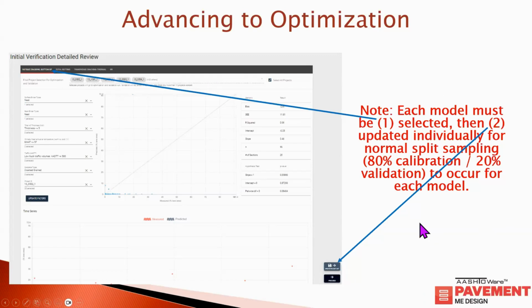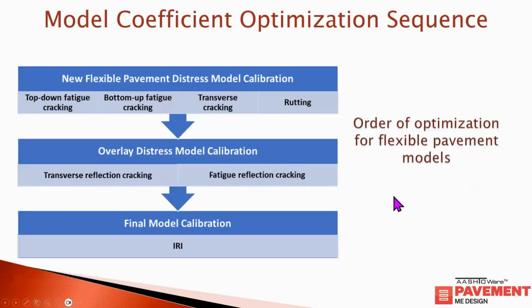That way, after you do the optimization of the calibration coefficients, it will leave the 20% set aside for the independent validation of the models. Okay. Now there is a recommended sequence, and this is logical.